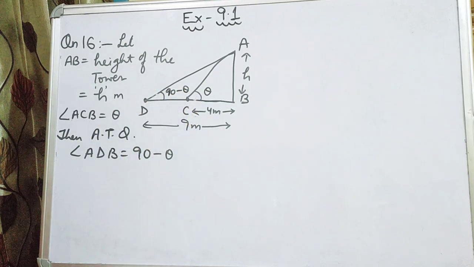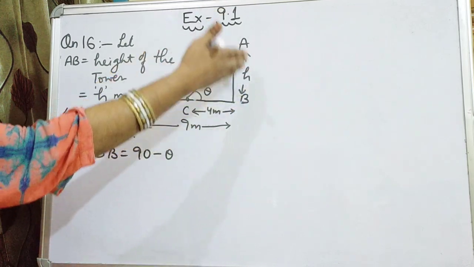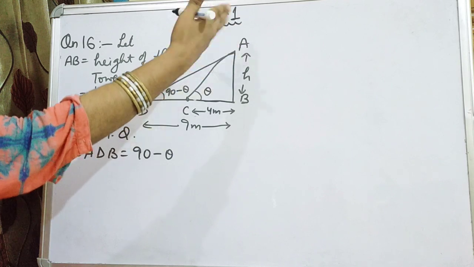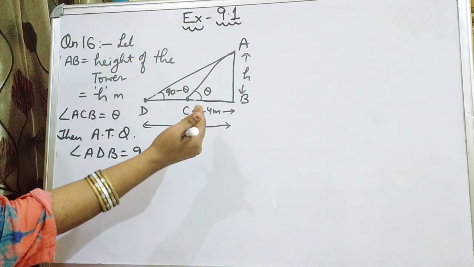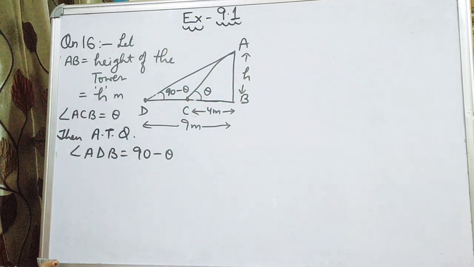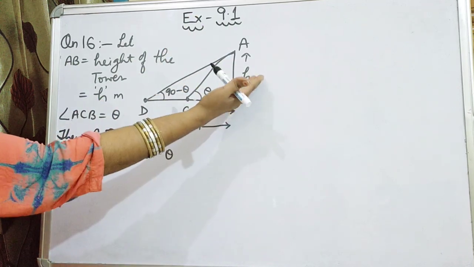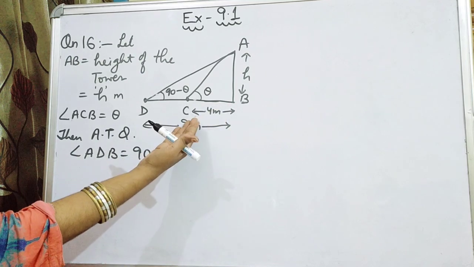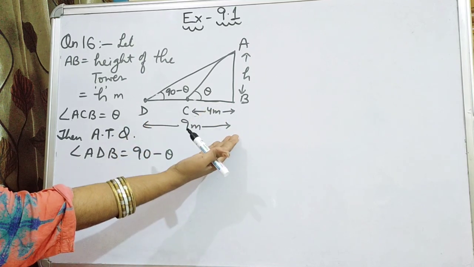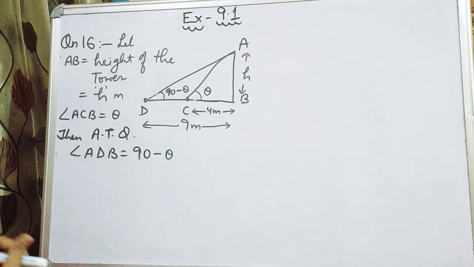And what we have to find out? We have to find this height, and in the question it is given that we have to prove the height of the tower is 6 meters. So we have to find the value of h as 6 meters. So BC is 4 meters, BD is 9 meters, and these 2 angles are theta and 90 minus theta.